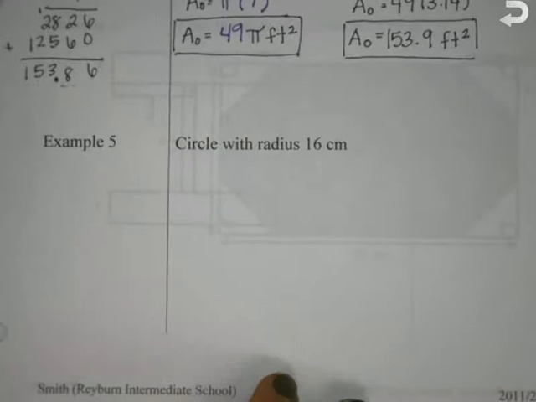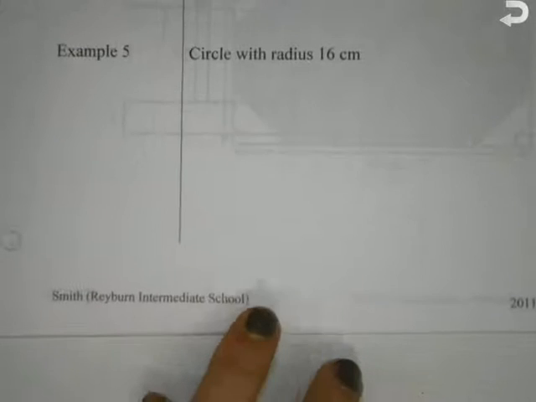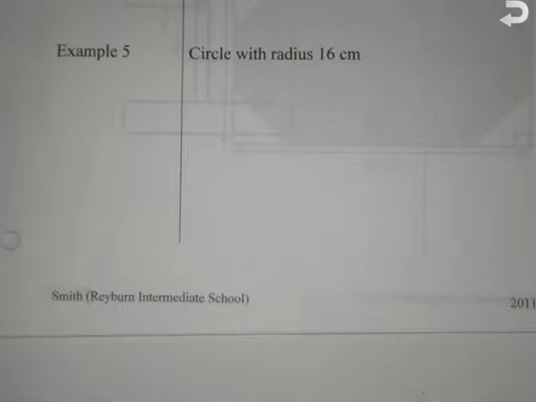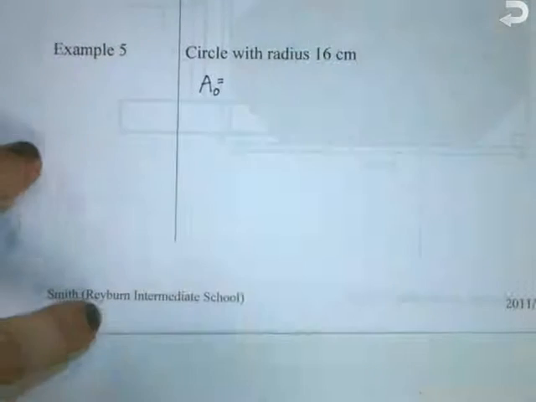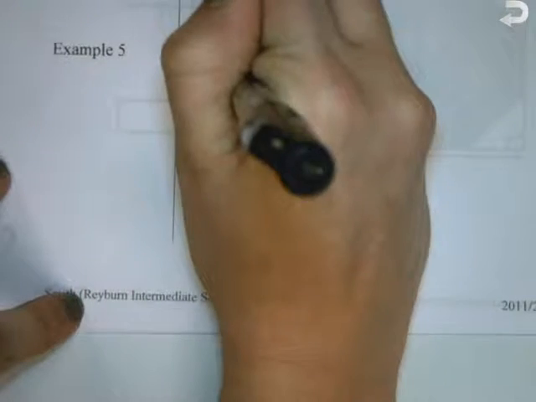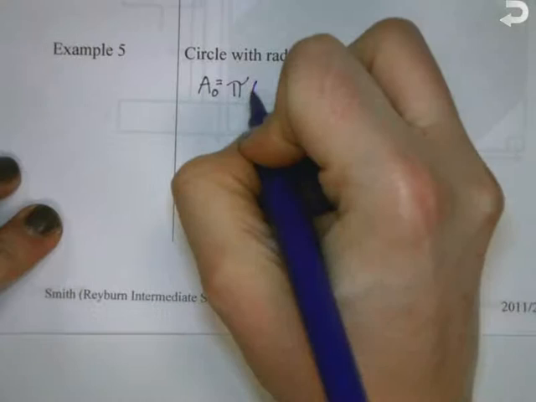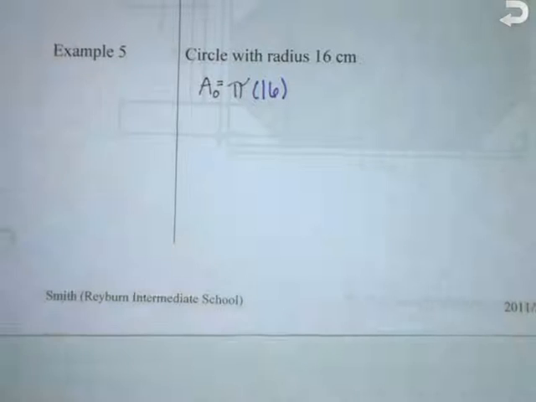When we're plugging it into the formula, it's okay to write it like this. Just like we did up here, pi times 7 squared. But then when we're writing our answer, just make sure the numbers come first. So when you plug it into the formula, just plug it in the order it's given. But when you write your answer, make sure the numbers are first.